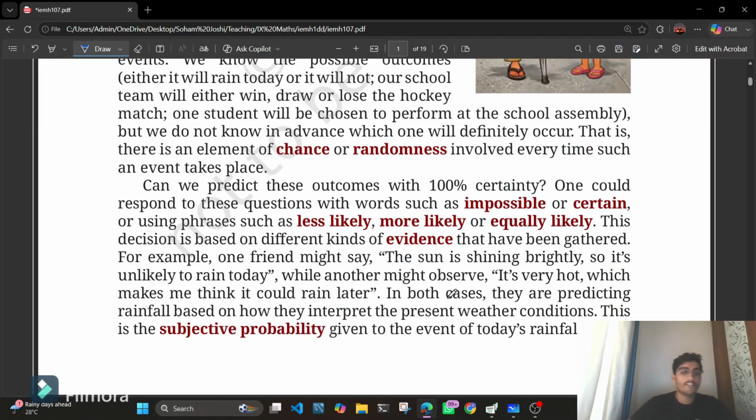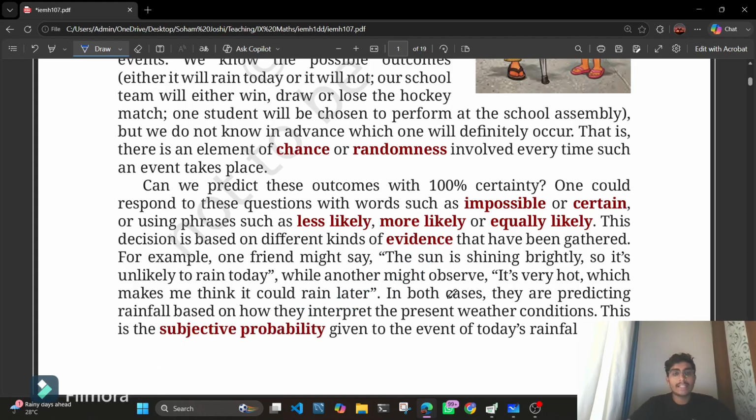It depends on the event what the chances associated with it are. For example, if I throw a dice, what are the chances that I'll get a four or not? There are only two answers to it, either yes or no.